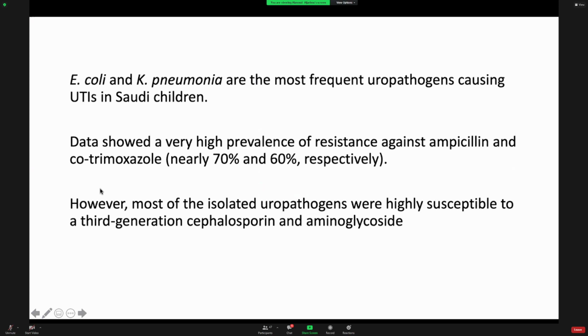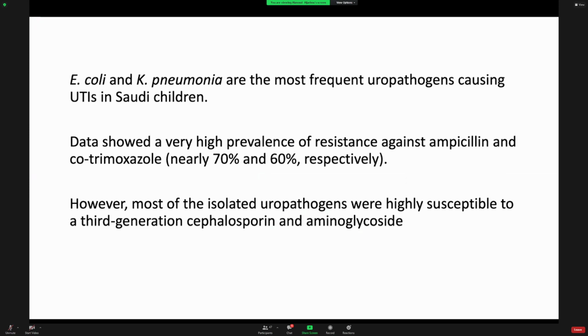So now what's the empiric coverage? In North America, their E. coli and Klebsiella pneumoniae are sensitive to ampicillin, so their first choice of antibiotic is ampicillin or Bactrim. But unfortunately, here in Saudi Arabia, we have high resistance, and E. coli and Klebsiella are resistant to ampicillin, but sensitive to ceftriaxone and aminoglycoside.